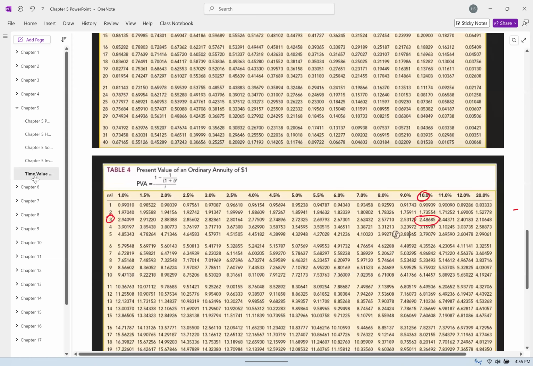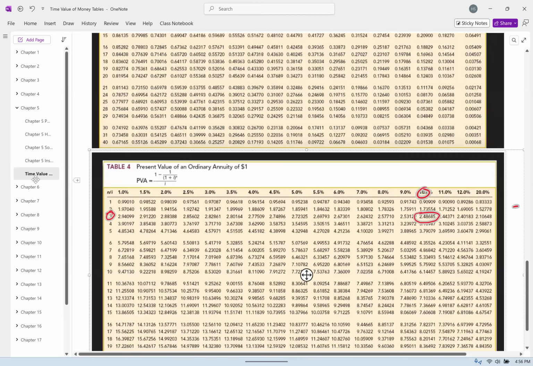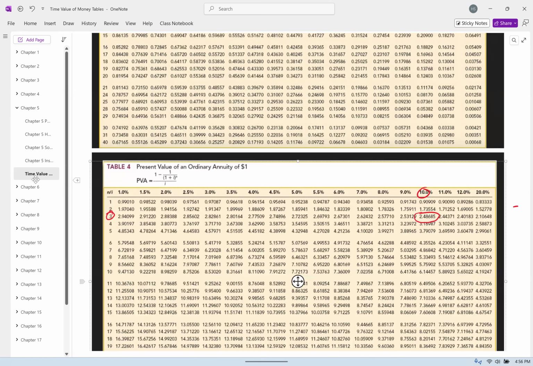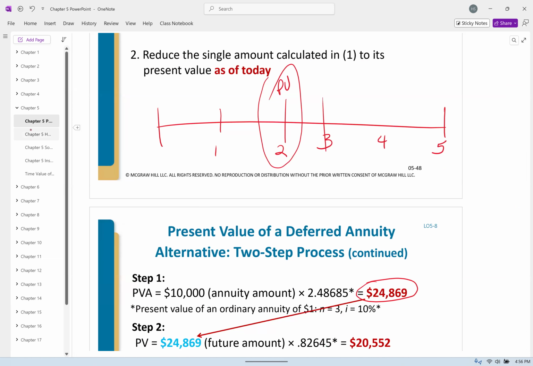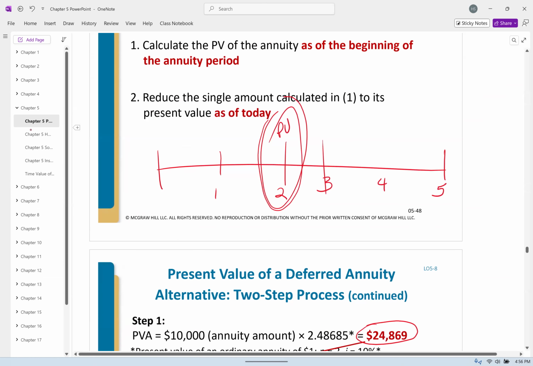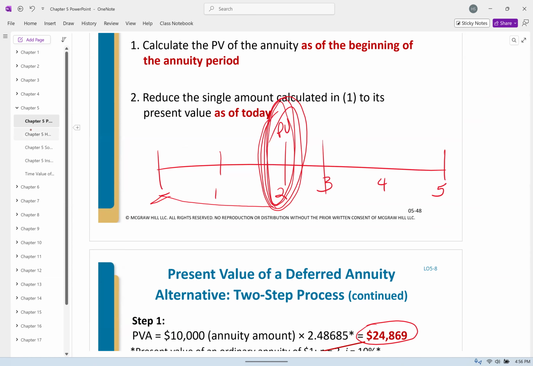Right there, you see that 2.48685, and then multiply that times the 10,000 gives us a present value of 24,869. Okay, that just backs it up to right here. Now we got to go back 2 more years.